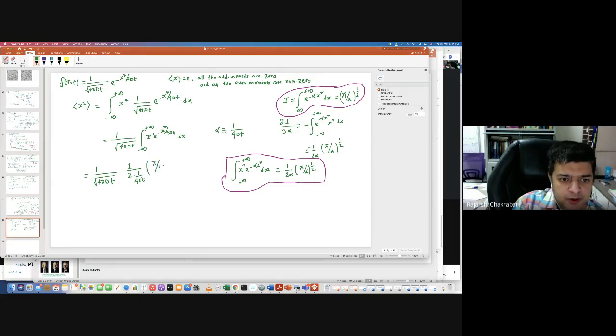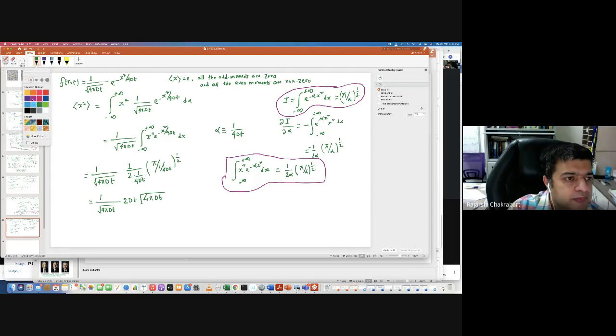Now pi divided by 1 by 4Dt, whole to the power of half. Look very carefully at what I have. I have 1 by root over 4 pi Dt. Now this one will give me 1 by 2Dt, which is 1 over 1 by 2Dt, which is 2Dt. And this one is nothing but 4 pi Dt, isn't it? So this will cancel.